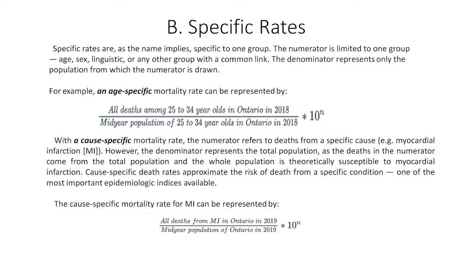Cause-specific death rates approximate the risk of death from a specific condition, one of the most important epidemiologic indices available. The cause-specific mortality rate for myocardial infarction can be represented by all deaths from this disease in a certain city in a certain year divided by the mid-year population of this city in this year.